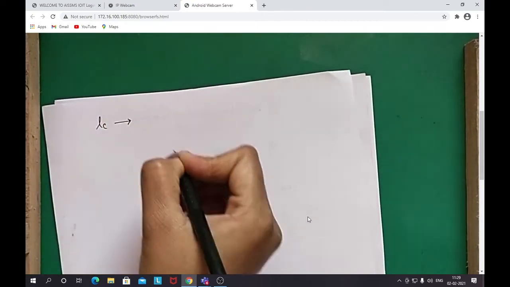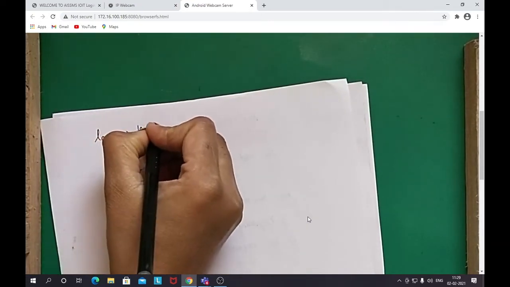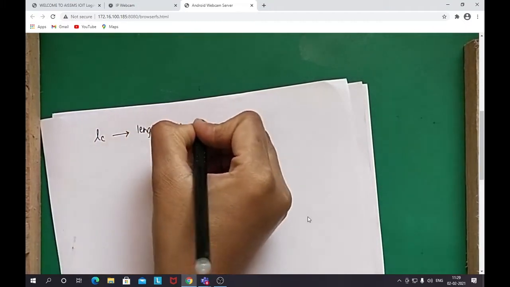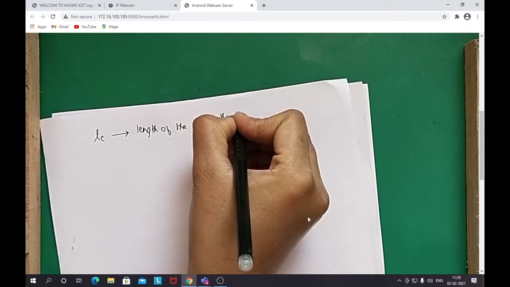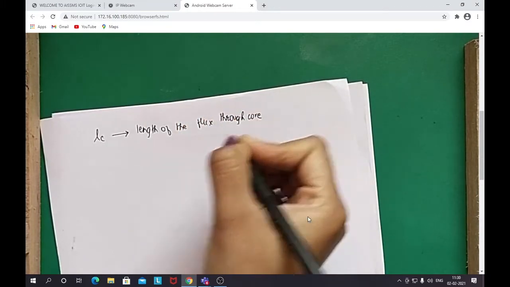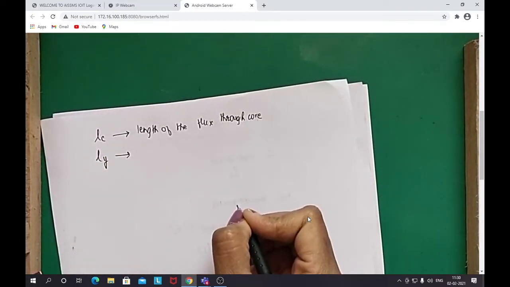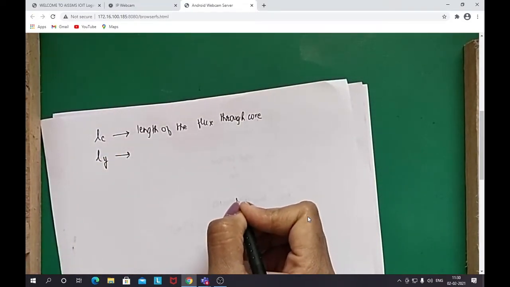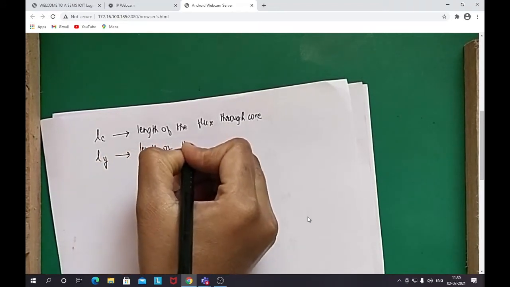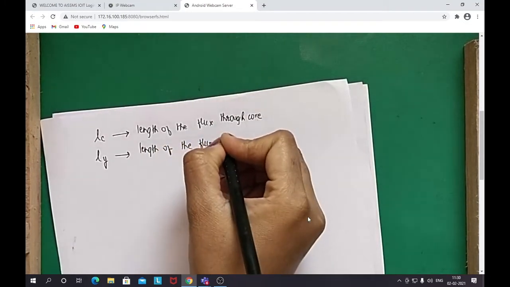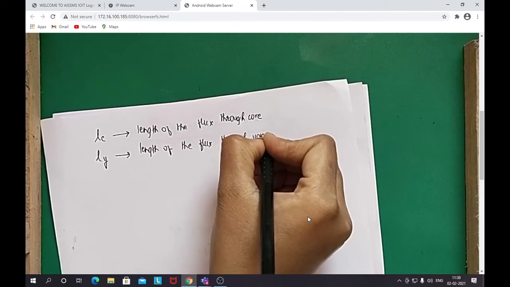LC, small l subscript c, is the length of the flux through the core, and Ly, that is small l subscript y, is the length of the flux through the yoke.